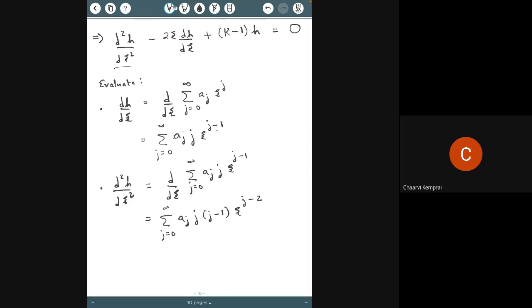Now we will do a trick. What we want to do is have xi to the power j instead of xi to the power j minus 2 in this expression. And we can shift the indices because this is an infinite series.